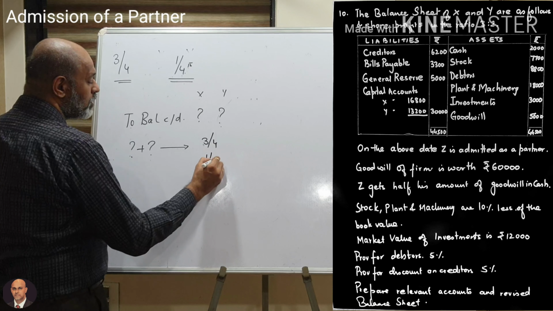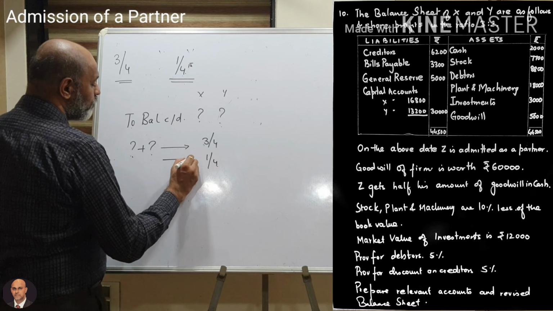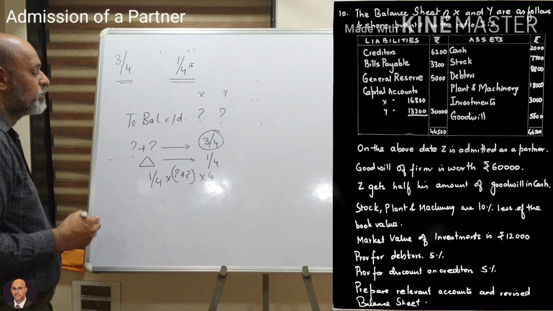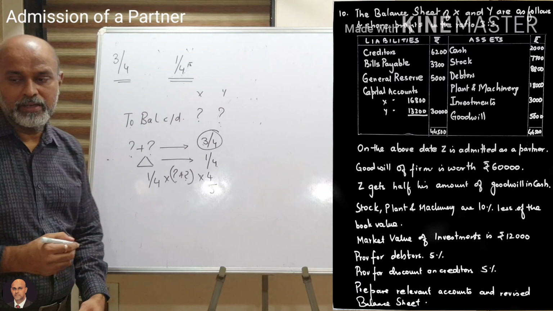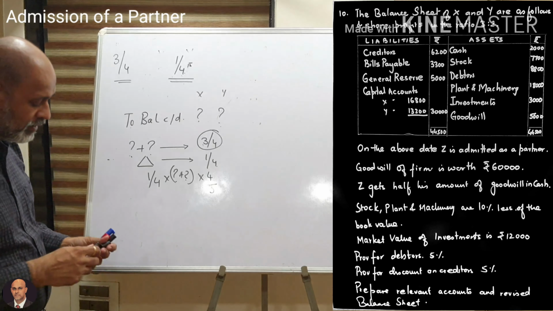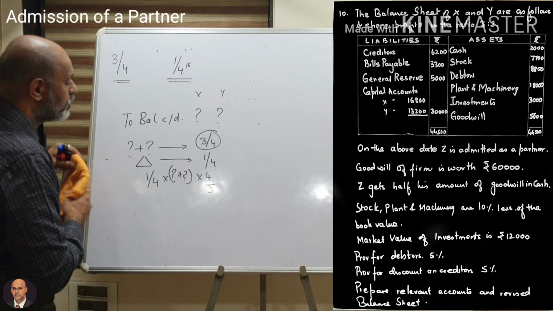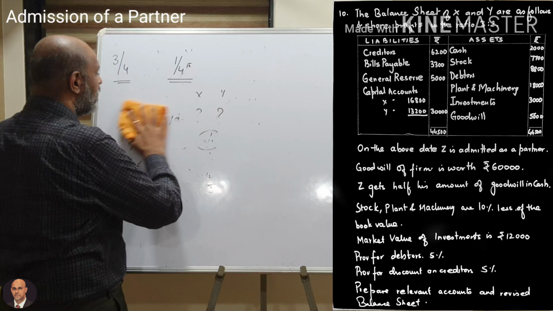So the new partner will be getting 1/4. So how much is that particular figure? It will be 1/4 multiplied by this plus this divided by 3/4, or you can multiply it by the reciprocal of 3/4. Because it is a division here, it will become a multiplication and the reciprocal will occur. And that answer you will put in the cash account, on the debit side.